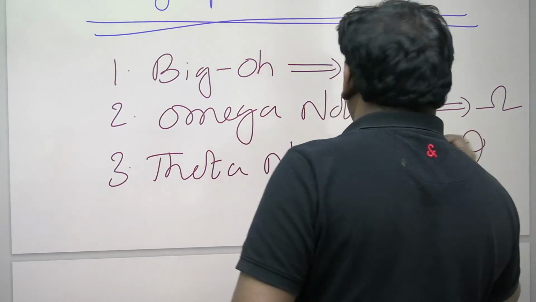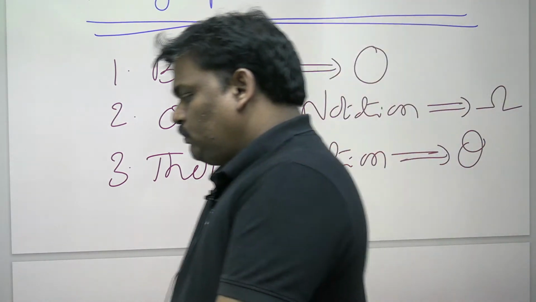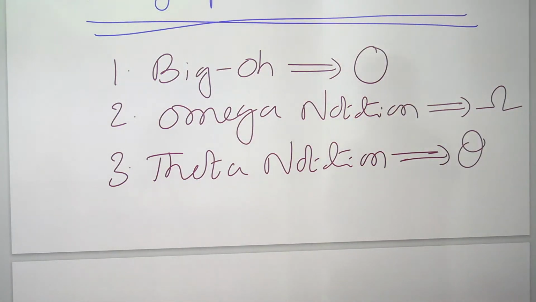So this is the symbol. Big O, omega, and theta notation. These are the 3 symbols. I will explain now. Asymptotic notation internally contains big O, omega, theta.